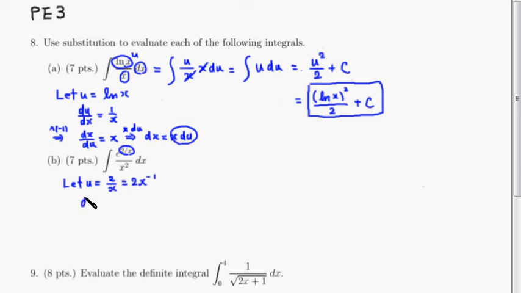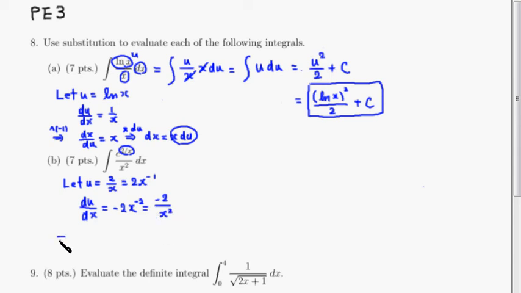Then take the derivative of u with respect to x. We get, put the negative sign in front, so it's going to be a negative. There's the 2 there, and the x to the negative 2 power, which is the same thing as negative 2 over x squared.